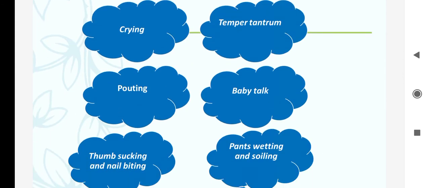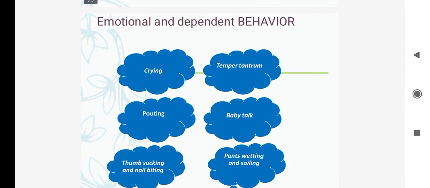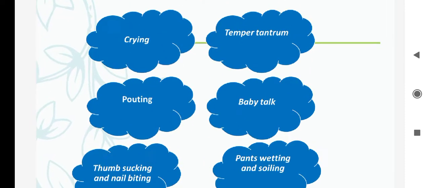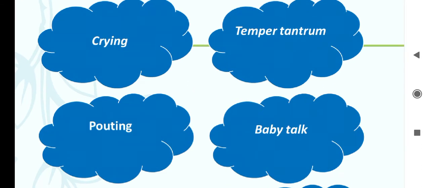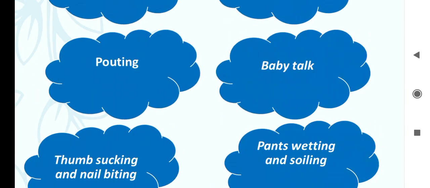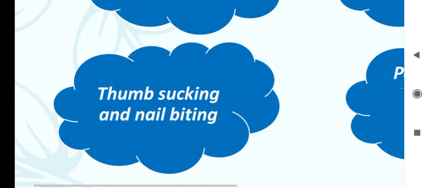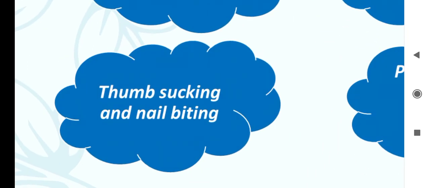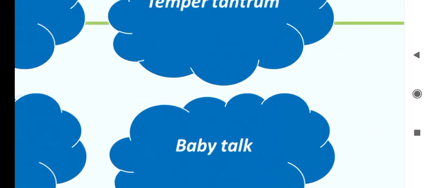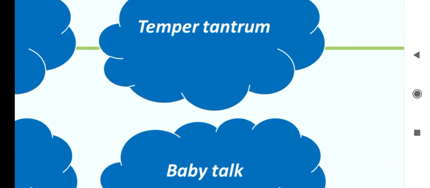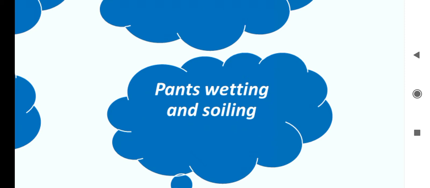All right, here we have six. The first one is crying, okay, and then pouting or sulking, and then thumb sucking and nail biting, and temper tantrum, baby talk, and then the last one is pants wetting and soiling.